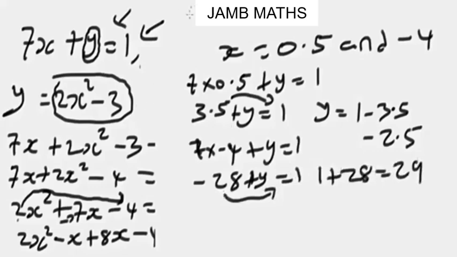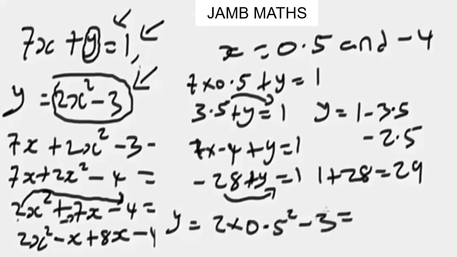Okay, now let's also verify using this second equation and see the output of y, if we're going to get negative 2.5 and 29 respectively. So when our x is 0.5, when you plug it here, y will be 2 times 0.5 squared minus 3. When you punch everything in your calculator, it will still give you minus 2.5.